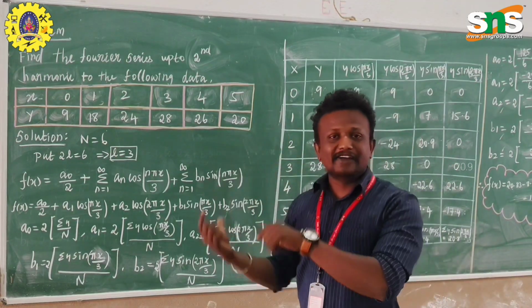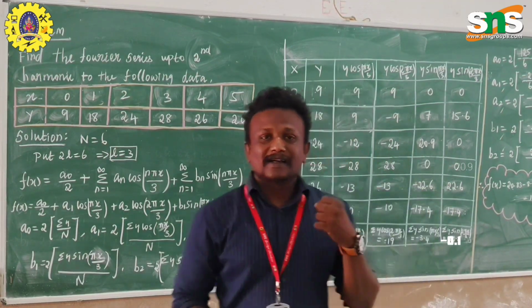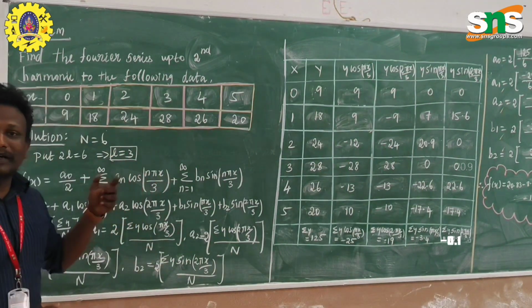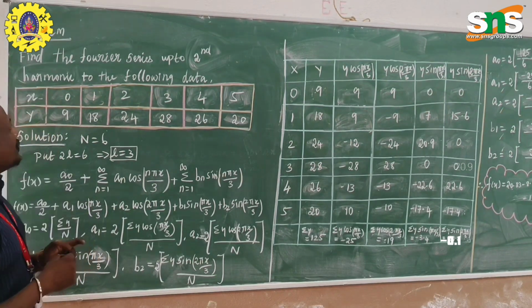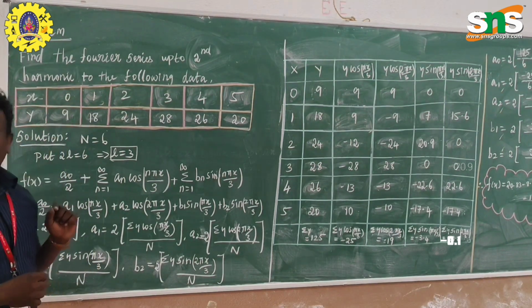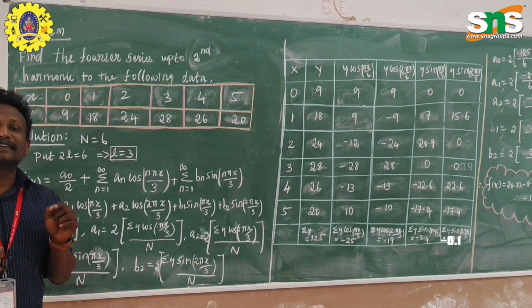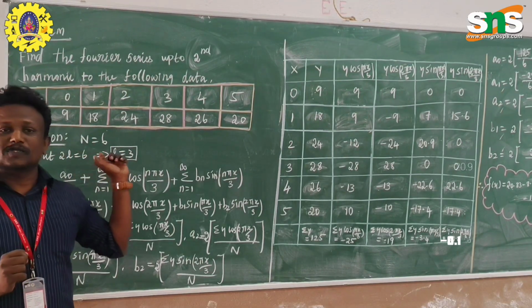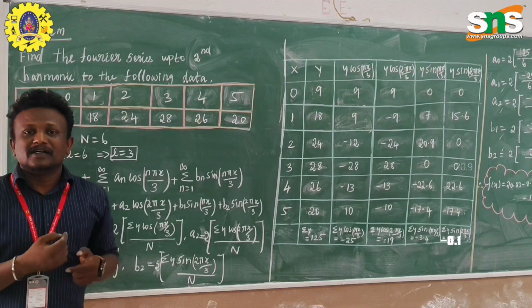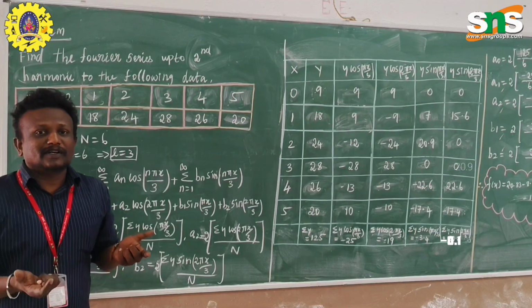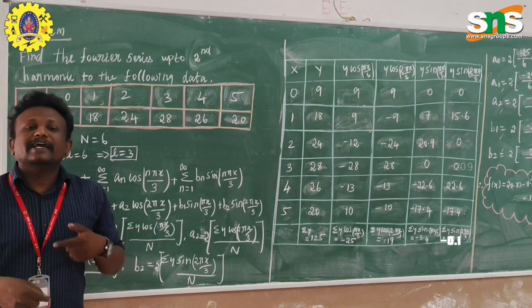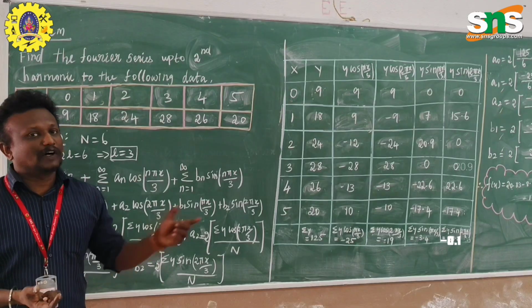So let us dive into this problem and solve it step by step. First, let me read out the problem, because reading the problem is very important. We need to analyze what kind of problem this is so that we can move our procedure. Depending on the type of the sum, we have to move our procedure to solve this problem.